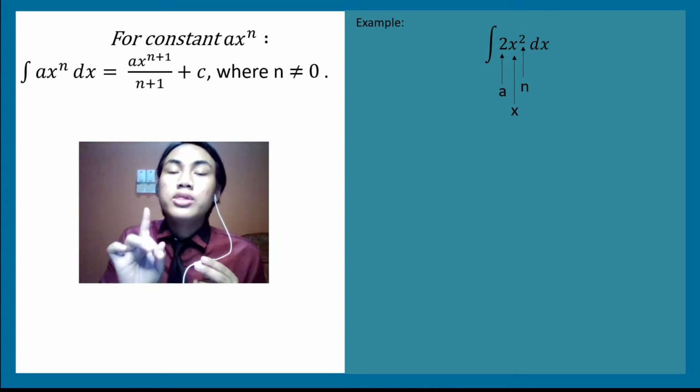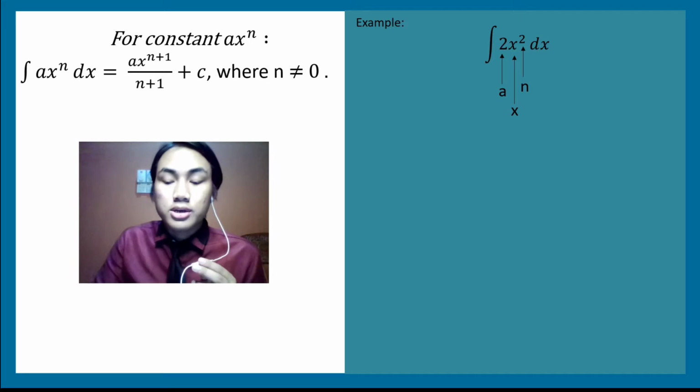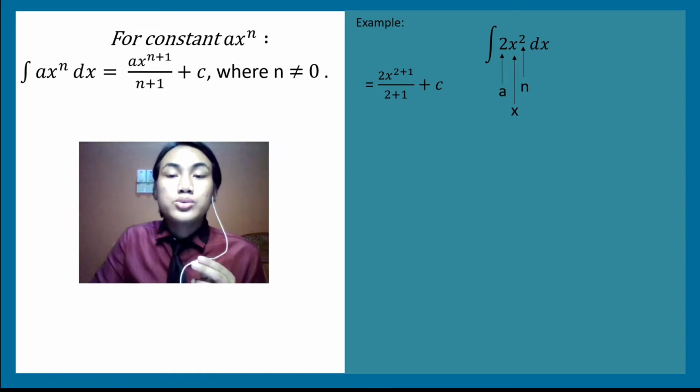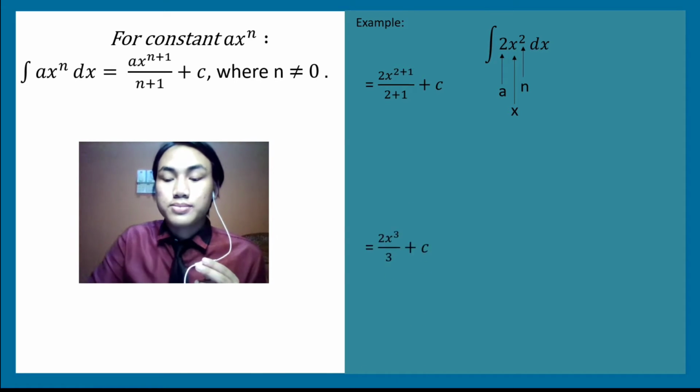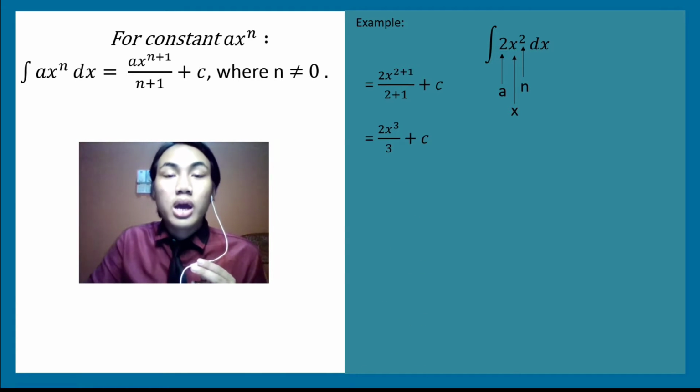Following the formula, we get 2s to the power of 2 plus 1 over 2 plus 1, plus c. C is compulsory to write. Then we have 2s cubed over 3 plus c, and that is the final answer.